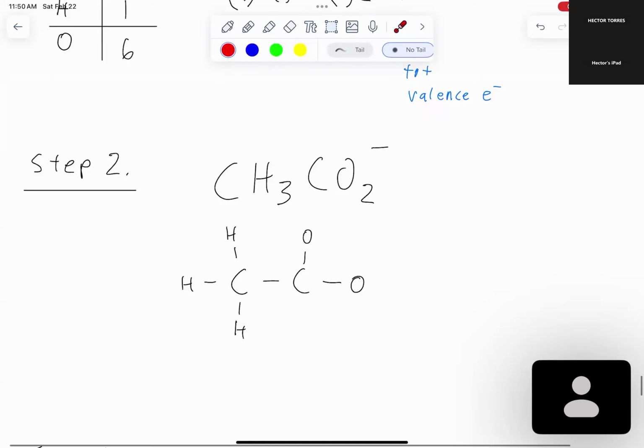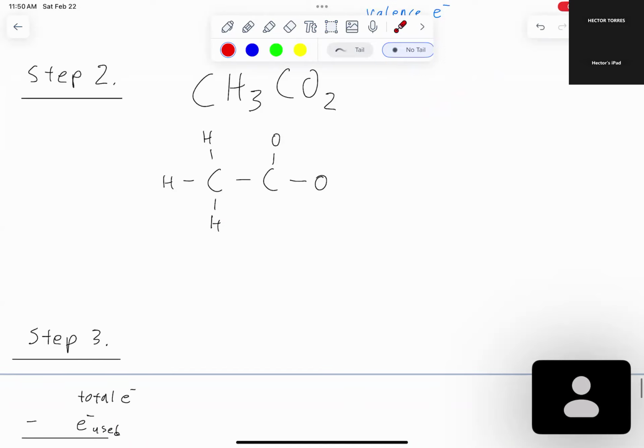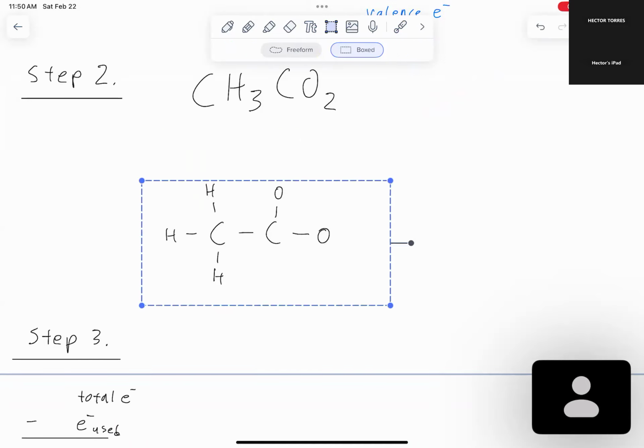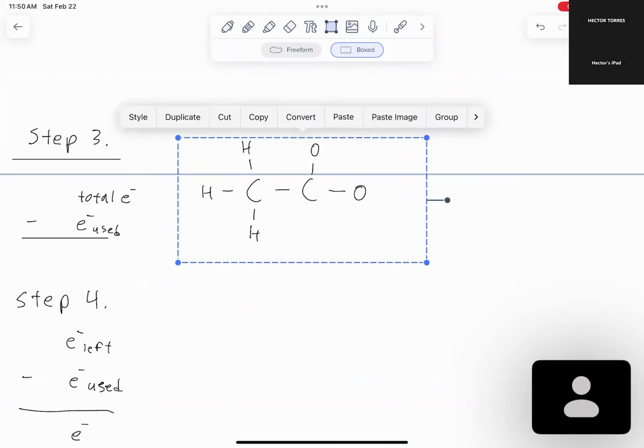We know that because this carbon has 3 hydrogens on it, and this carbon has to be attached to 2 oxygens. Then we connect those in the middle. That was part of step 3 as well, so I'm going to put it right here.